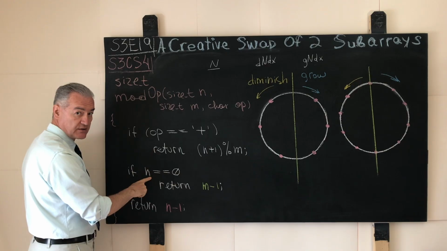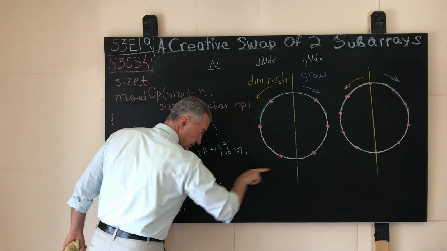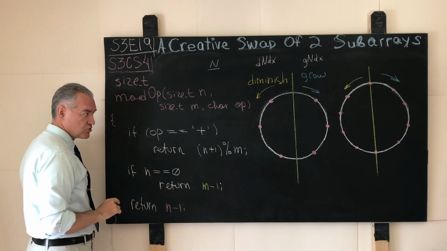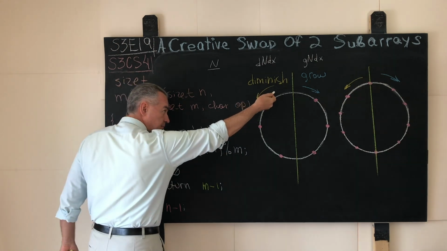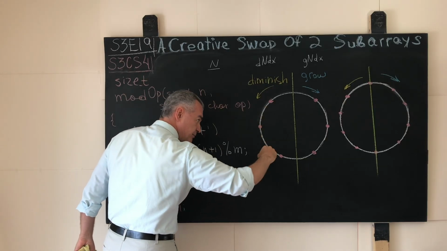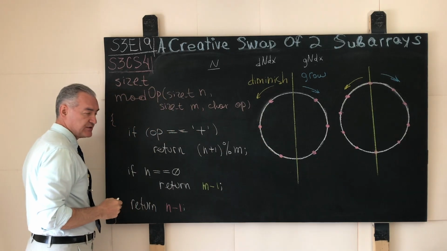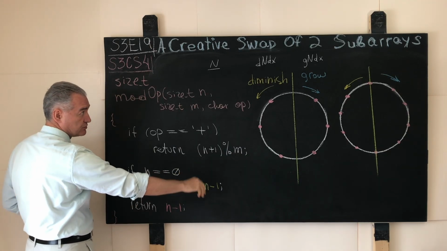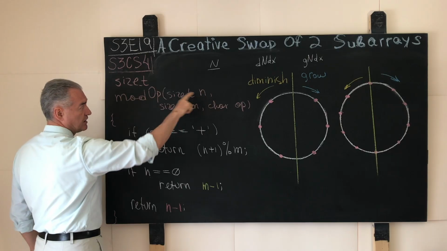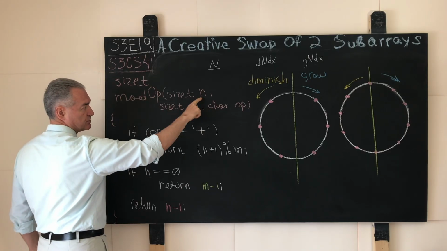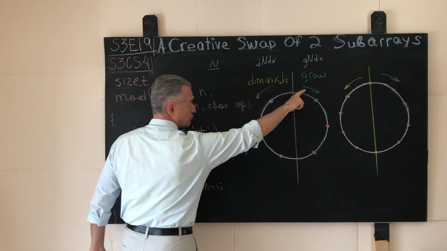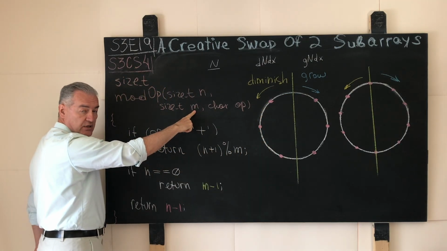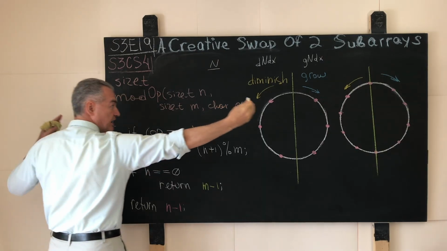Obviously, there are no negative indexes in the linear container, in the array, so we need to be careful and make sure that our diminishing does not spill into negative numbers but stays within the boundaries of our box, which is the modulus. The first argument to this function is the index to either grow or diminish. The second argument, m, is the modulus, which is the size of the array.